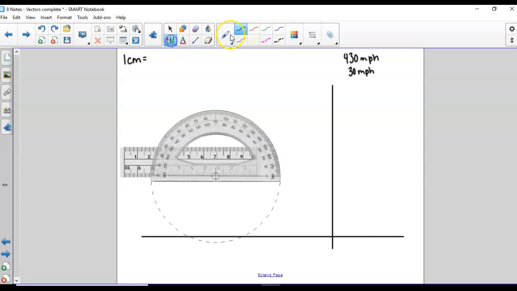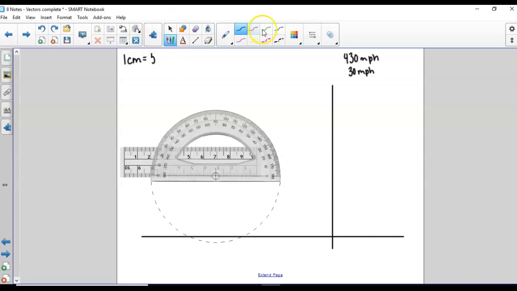What do you guys think? 50? 8.6? I tell you what, what about 30? What does 30 give us? We could fit 14.3 centimeters on our paper, couldn't we, I think? Will it work?